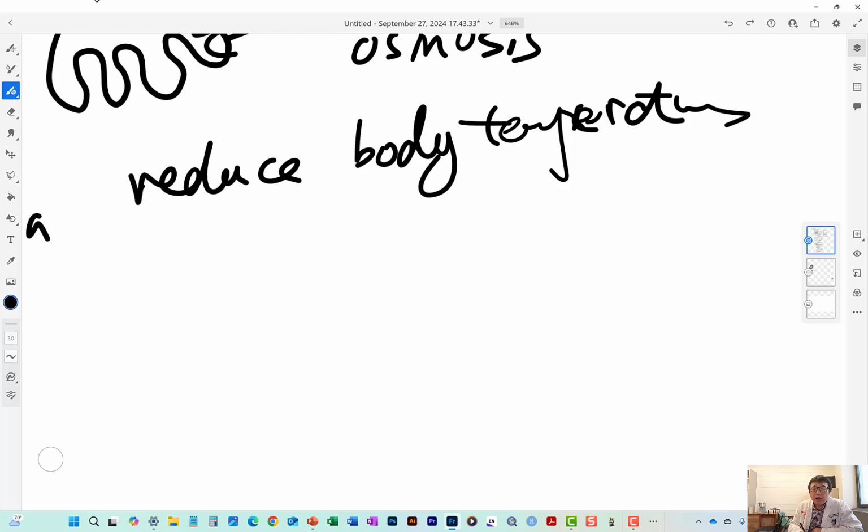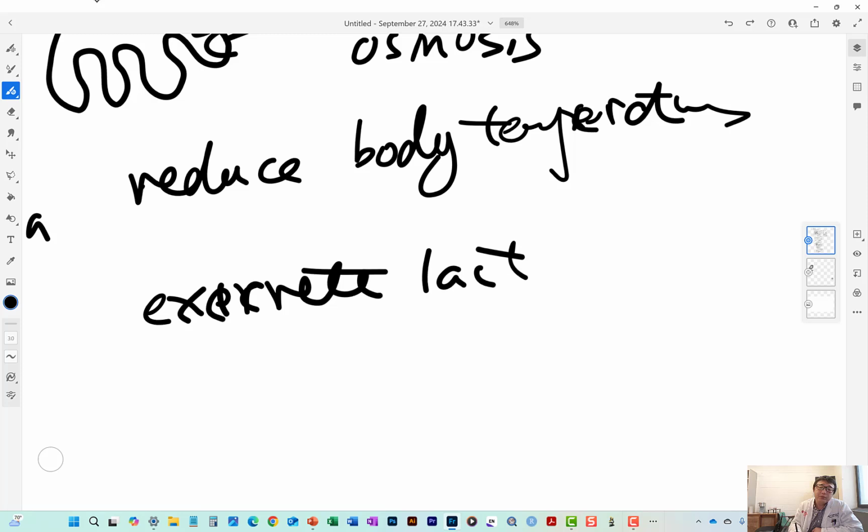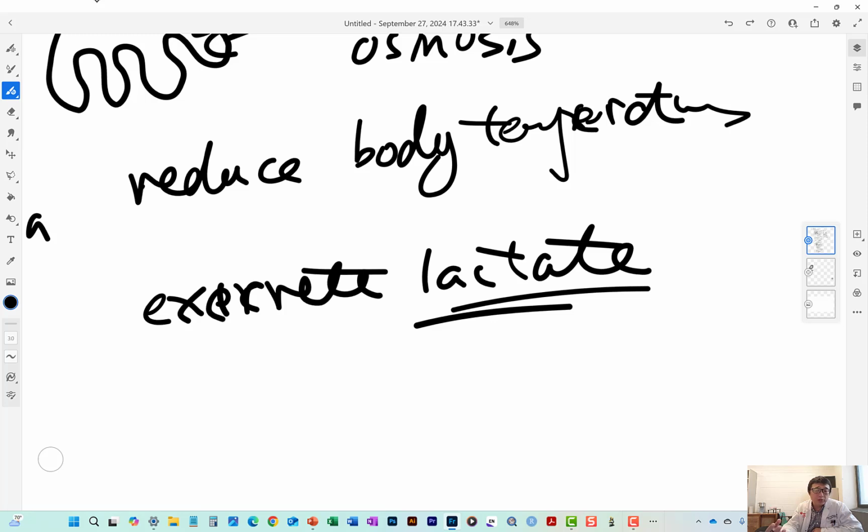And there are other functions of sweating. One important function of sweating is to accelerate the removal of lactate. Lactate is a useful material. Normally, it is generated through the anaerobic glycolysis of glucose. When we are just resting, we do not generate too much lactate.